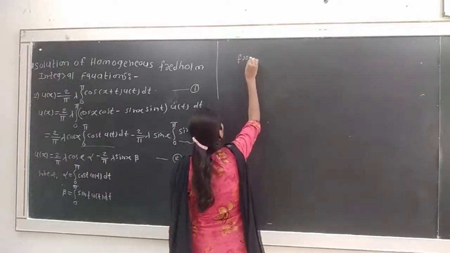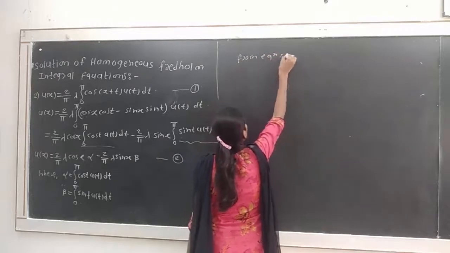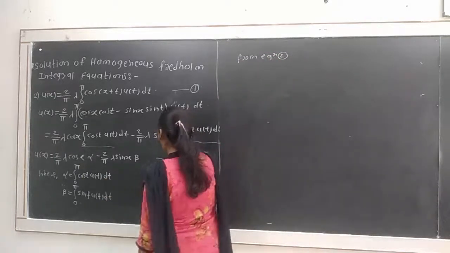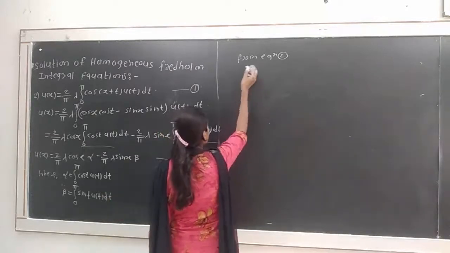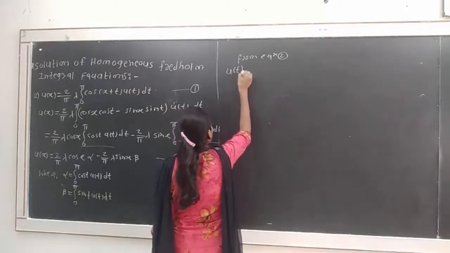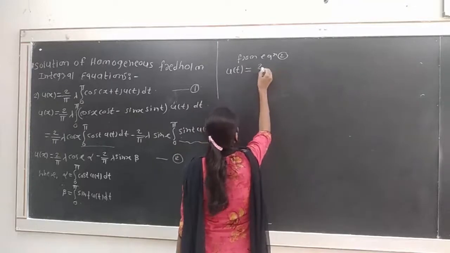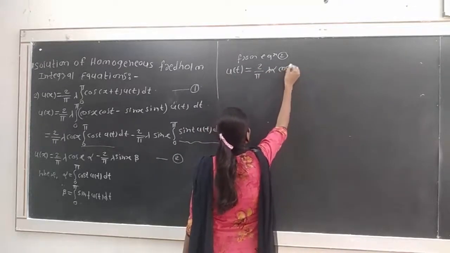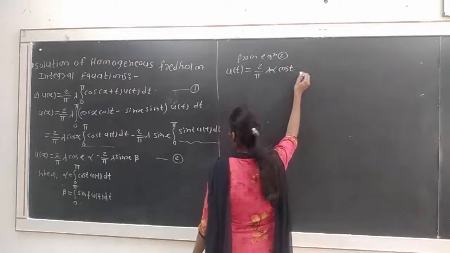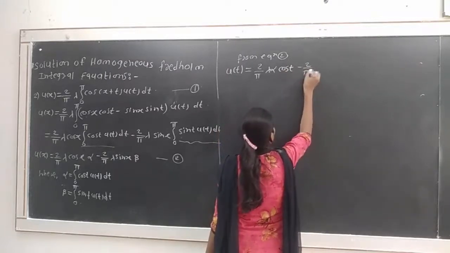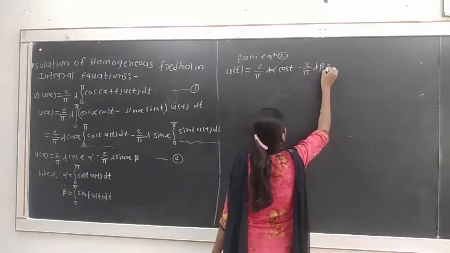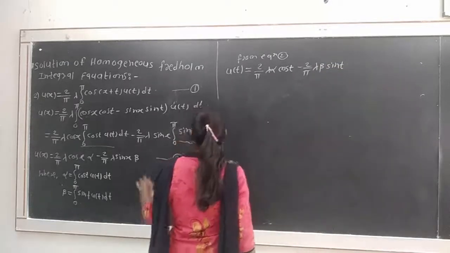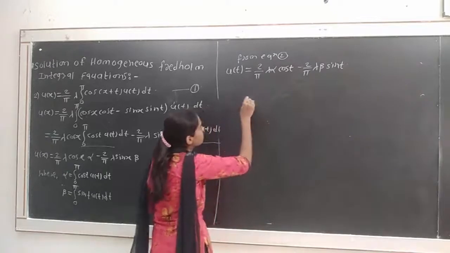From equation number 2 we first write equation number 2 in terms of t: 2 by pi lambda alpha cos t minus 2 by pi lambda beta sin t.